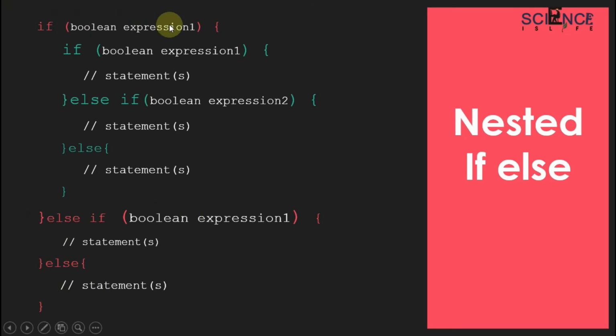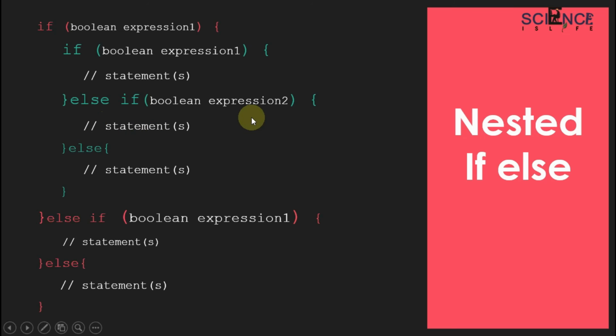This is the main if else if else structure, and within the if structure I am again using an if else if structure. So these are nested if else statements.